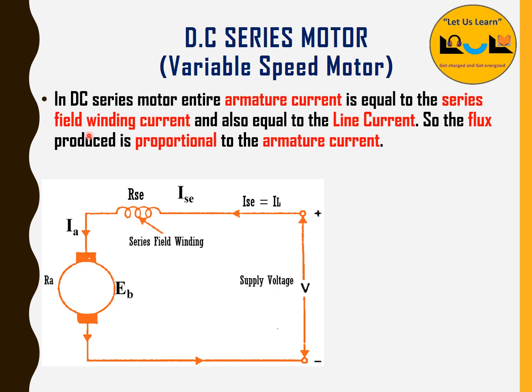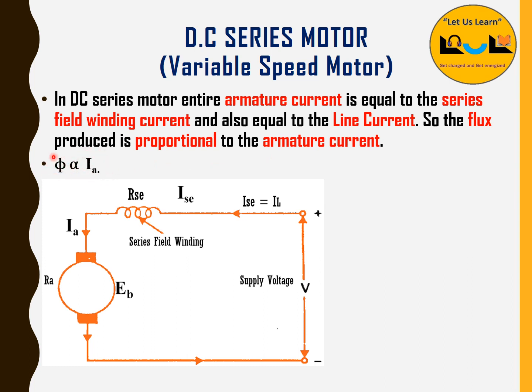In the DC series motor, the armature current IA is equal to the series field current ISC and also equal to the line current IL. So the flux produced is proportional to the armature current. That is, phi is directly proportional to IA.